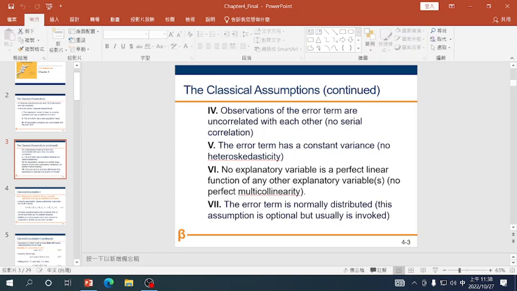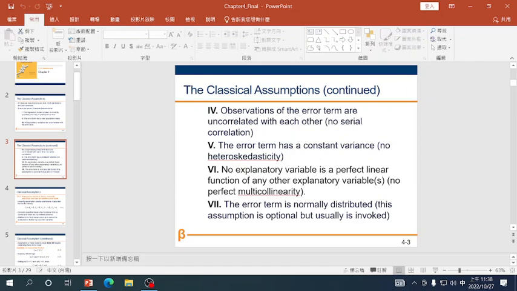So in the future, when we work with time series data, this assumption should play an important role. But for cross-sectional data, the next assumption plays the important role.